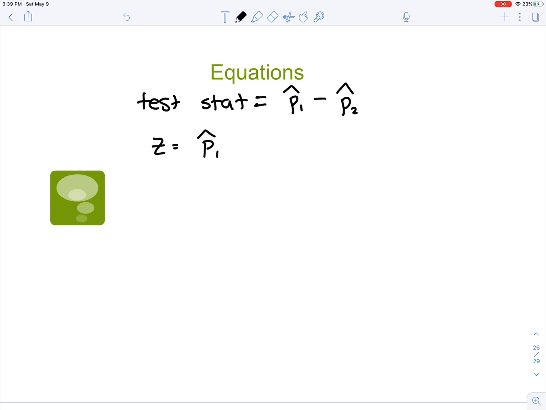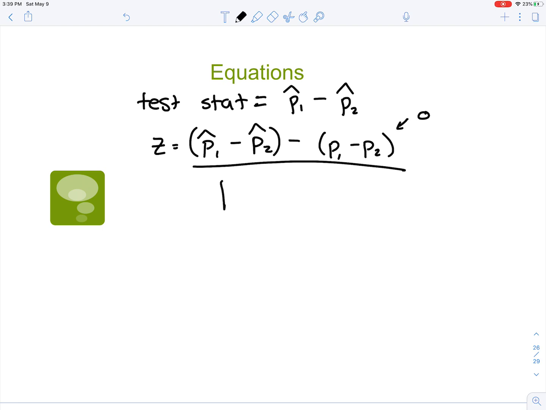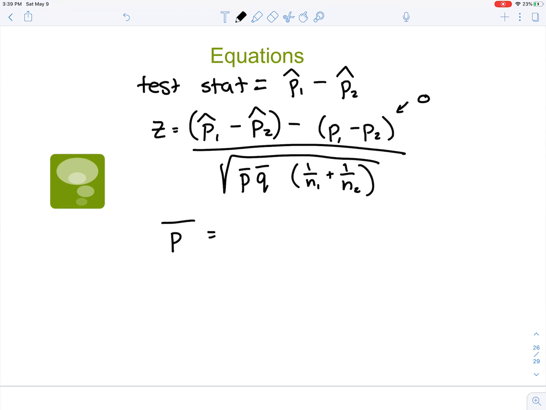Your z is p1 hat minus p2 hat minus the difference between the proportions, which, like the others, we're assuming this part is 0, over the square root of p bar times q bar times 1 over n1 plus 1 over n2. P bar can be calculated as x1 plus x2 over n1 plus n2, and q bar is going to be 1 minus p bar.